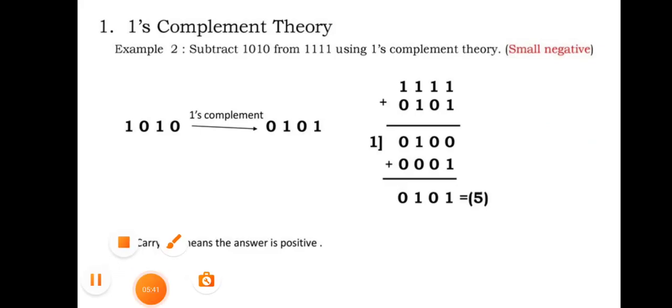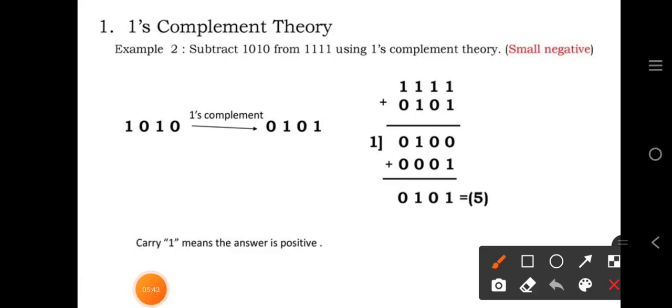Now you have to subtract this number 1010 from the 1111. So you have to make the first number in negative form and then you have to add both these binary numbers. So to make 1010 in its negative form means you have to invert this number.